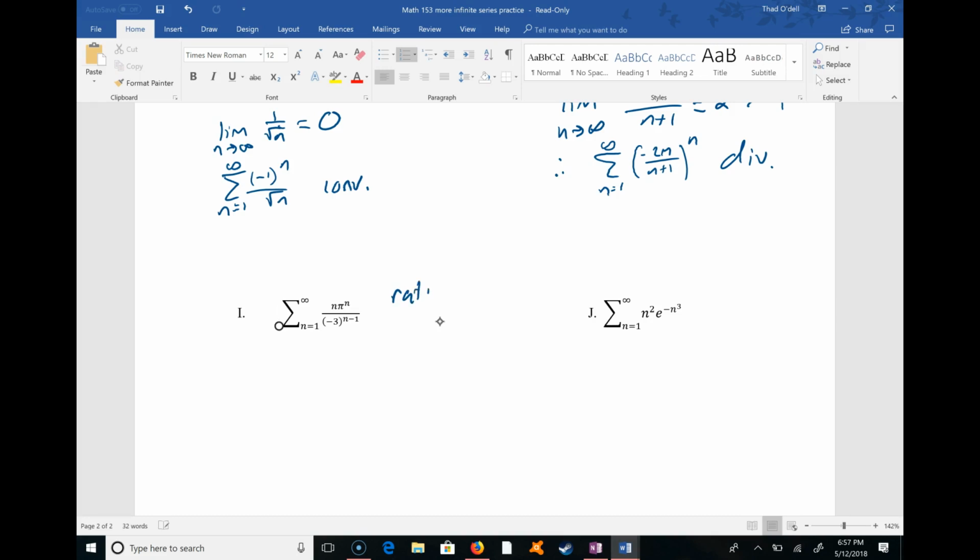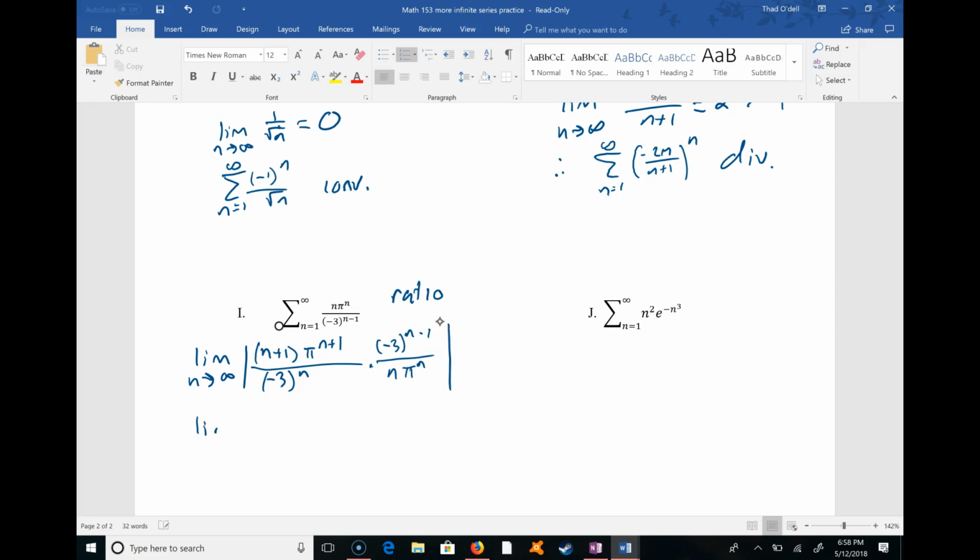So we'll write ratio up here, and I'll take the limit as n approaches infinity, the absolute value here. That would be n plus 1 times pi to the n plus 1 over negative 3. If I put n plus 1 in there, that would just be n. And then we're going to divide that, which means we'll flip it over and multiply, so I'll have a negative 3 to the n minus 1 on top, and the n times pi to the n on the bottom.